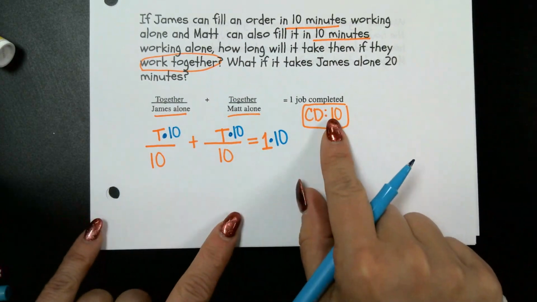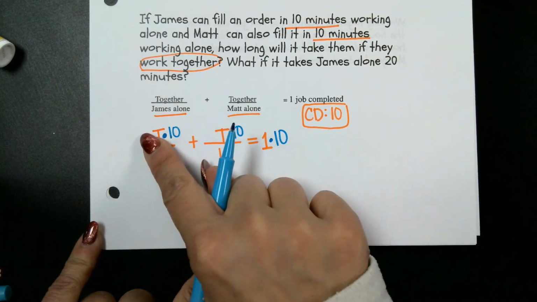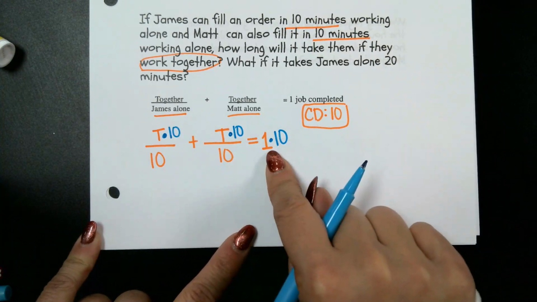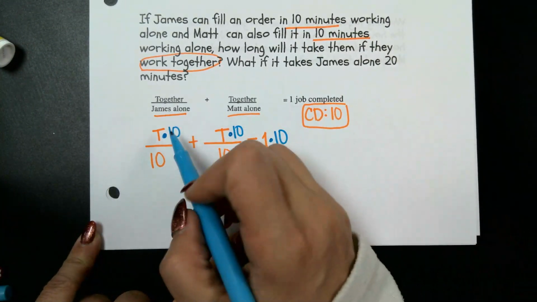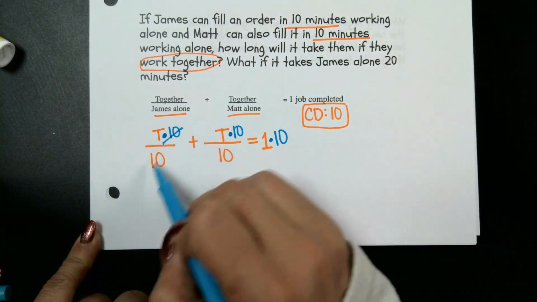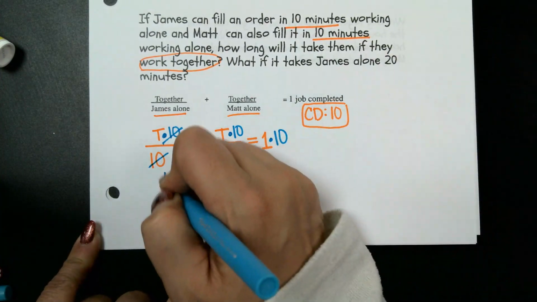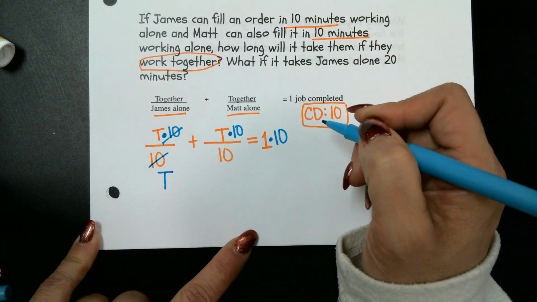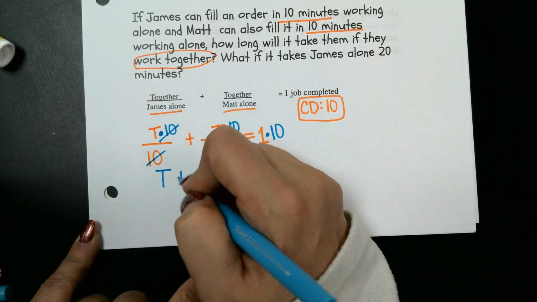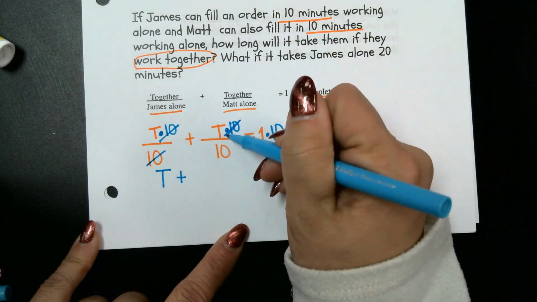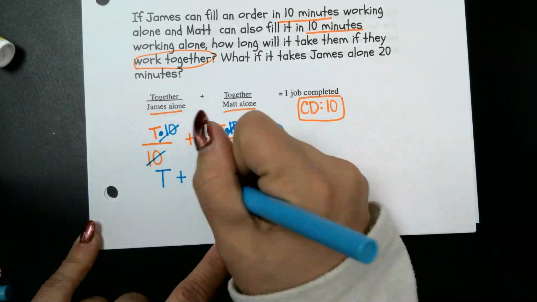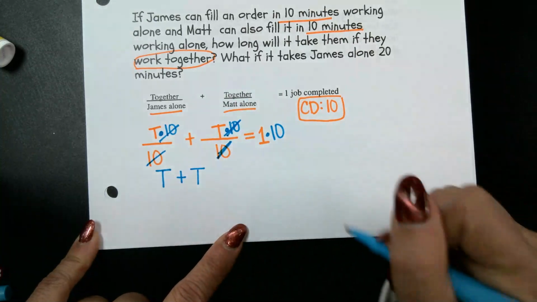I've established my common denominator, and I've multiplied everything by it. Look what happens here. This 10 cancels this 10, and we're just left with 1t. Plus the middle fraction: this 10 cancels this 10, and we're left with 1t.